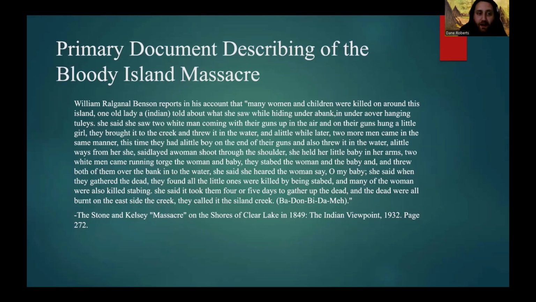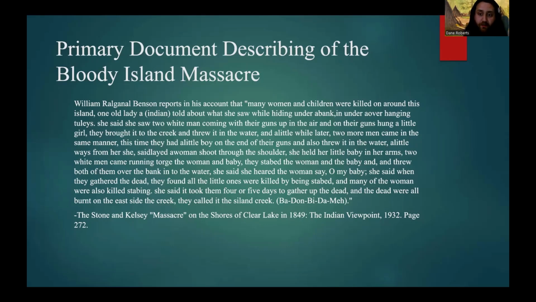One lady, an Indian, told about what she saw while hiding under a bank and under overhanging tullies. She said she saw two white men coming with their guns up in the air, and on their guns hung a little girl. They brought it to the creek and they threw it into the water.